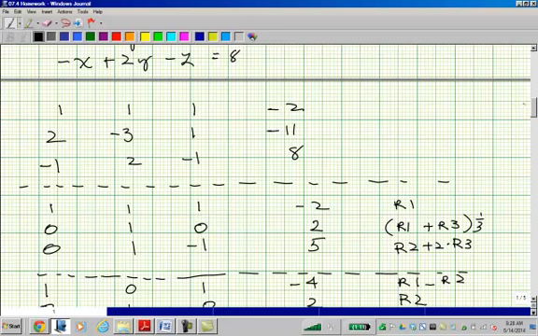R1 plus R3, and multiply that by 1/3. And then R2 plus 2 R3. So that gives me 1, 0, 0, the first column.